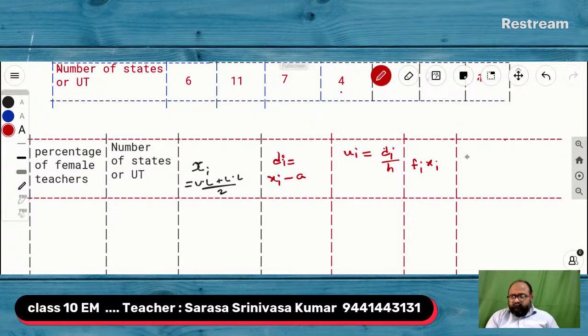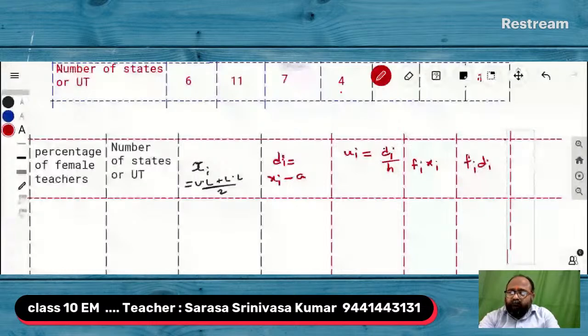Next column is FI UI. The last column is FI.